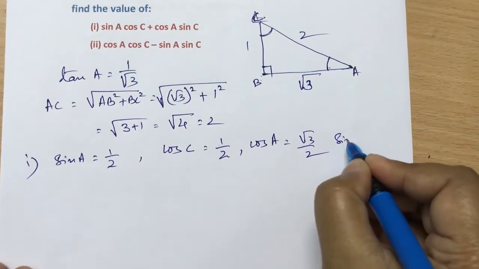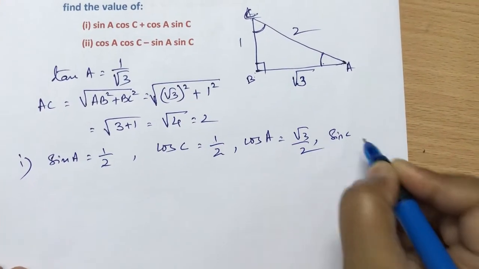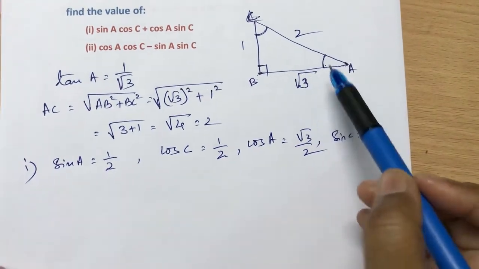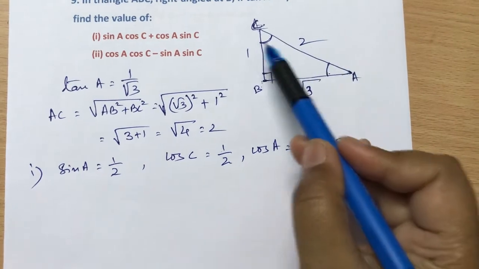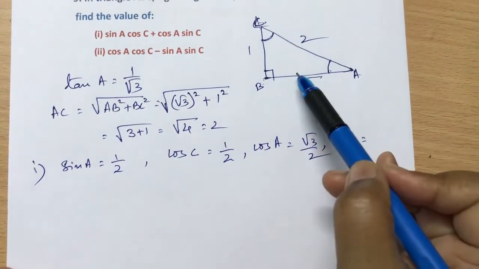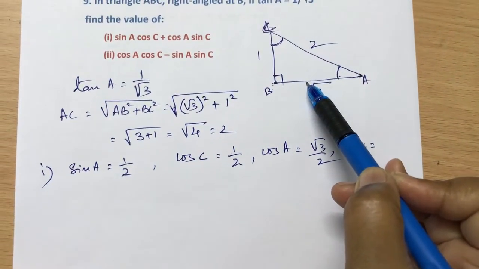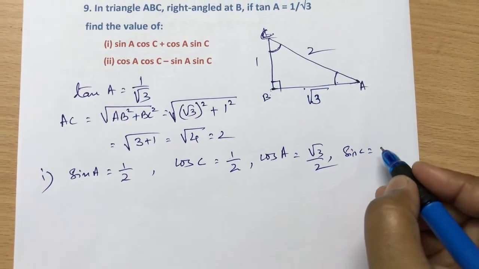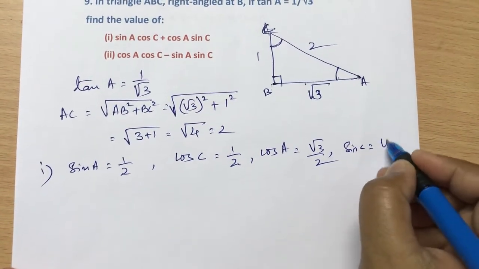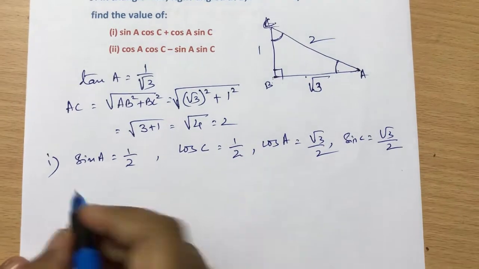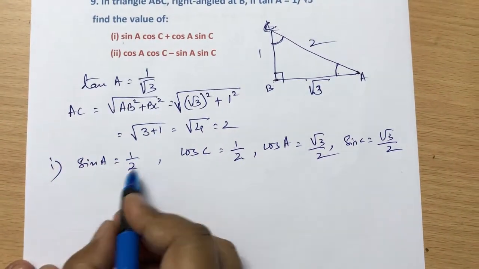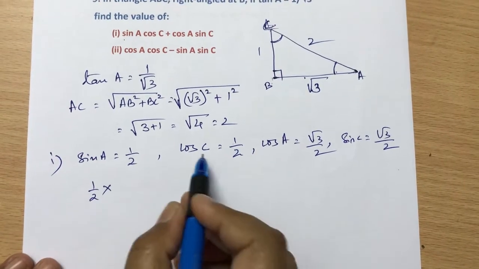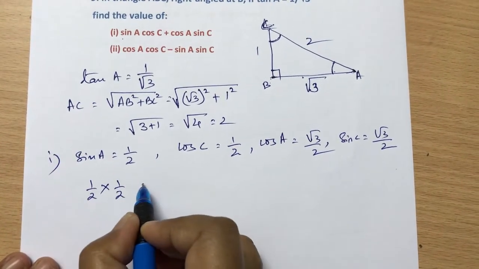What is sin C? Sin C will be, this is sin C, perpendicular by hypotenuse. This is the angle and the side opposite to this angle is the perpendicular. So it is AB by AC. So it is root 3 by 2. Now I put it in the formula. See, sin A cos C. Sin A is 1 by 2. Cos C is 1 by 2.